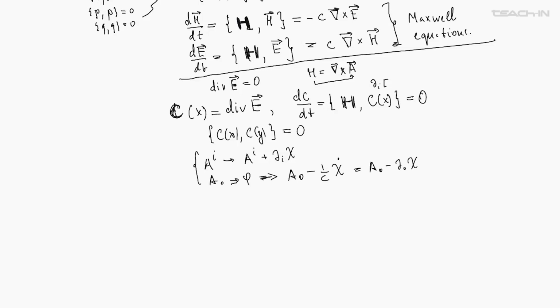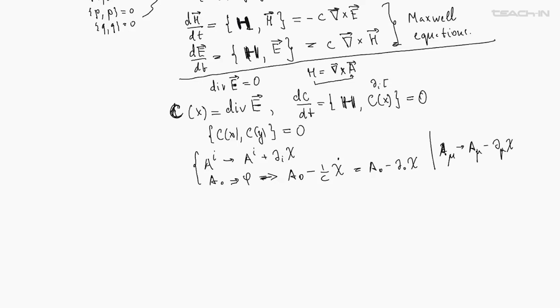So in four-dimensional notation, you can write this as A_mu goes to A_mu minus d_mu chi. Then, under these transformations, let's have a look at the gauge fixed Lagrangian again. Where is it? Here it is.